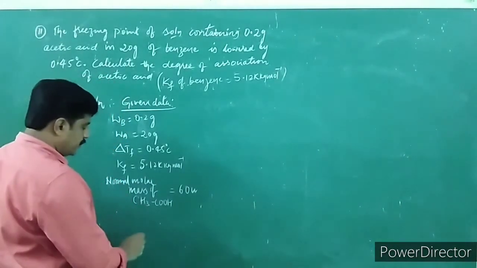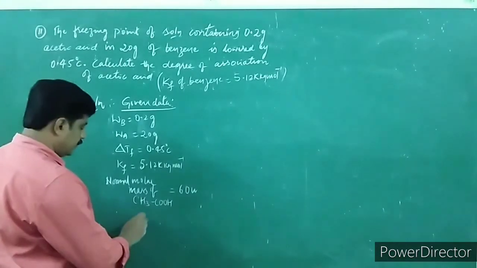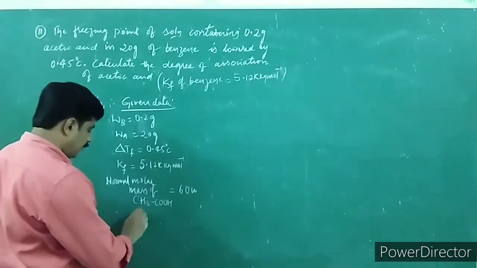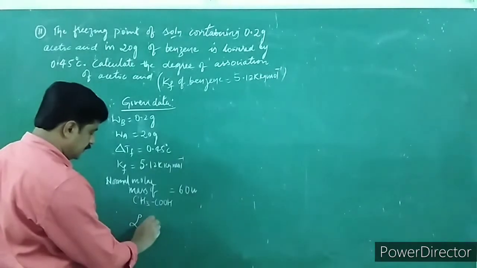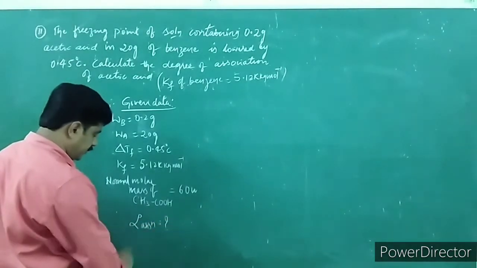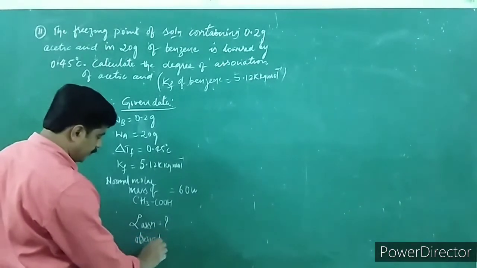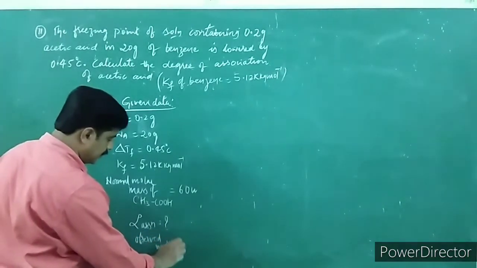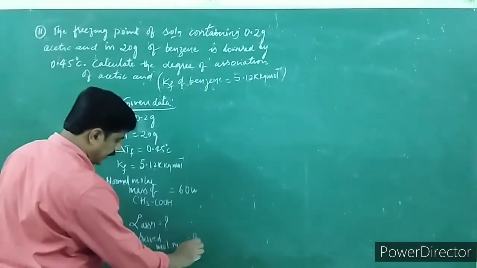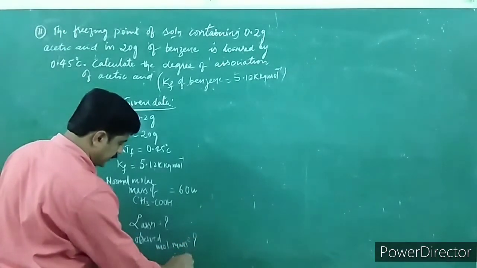Then what you are supposed to find out? You are supposed to find out alpha association. In order to find alpha association, you need to find out observed molar mass and also i.